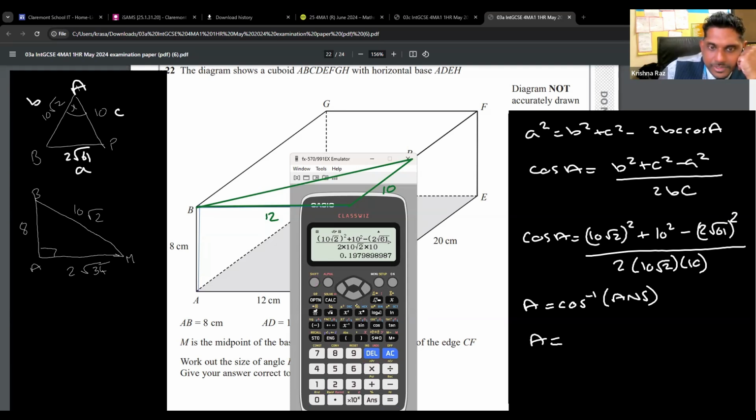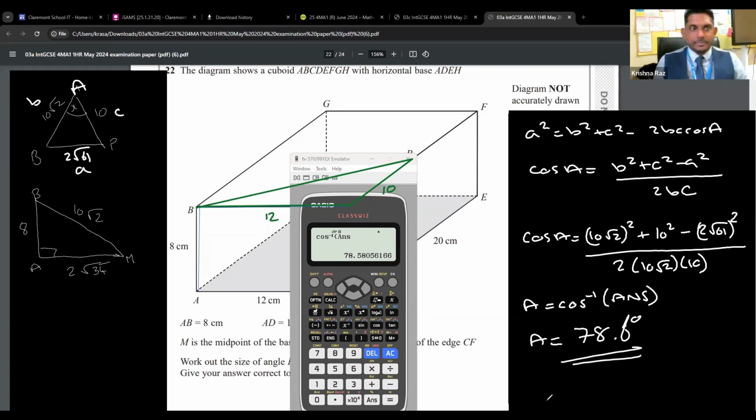And then we shift cos answer. And we get 78.6, job done. Easy as that. Yes, there's a lot of Pythagoras in there. And then we just use the cosine rule once.